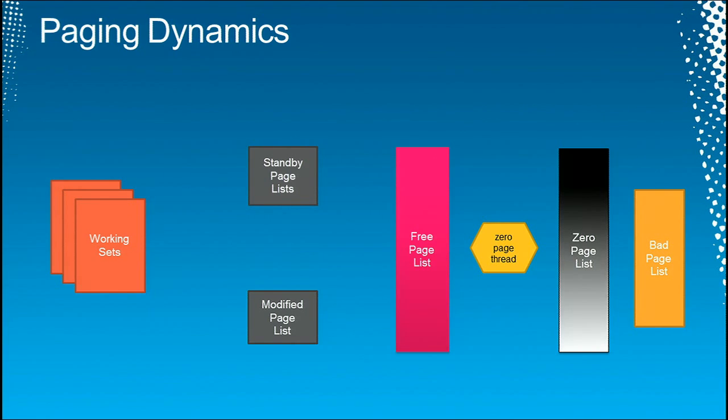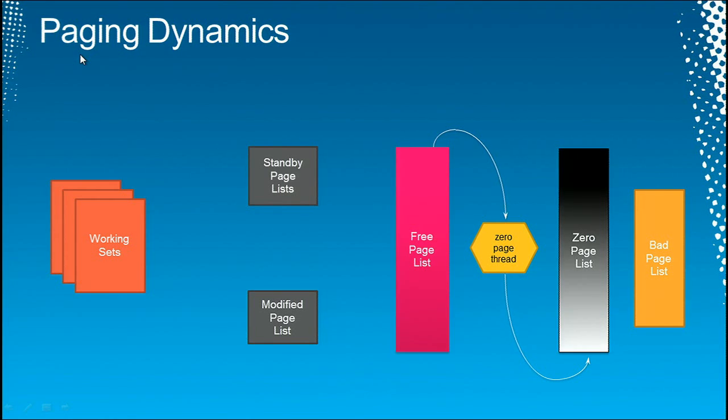So the system boots up. Let's start with the big bang. Windows boots, you power on the PC. Initially, all RAM is sitting on the free page list. And what happens is this thread called the zero page thread wakes up. It's the first initial thread of the system, and after it initializes things, it becomes the zero page thread.